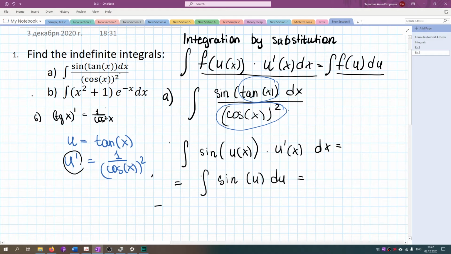And after substituting, again, we will substitute u by our tangent function.